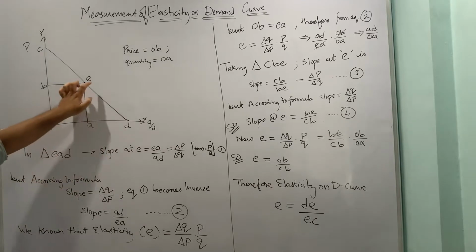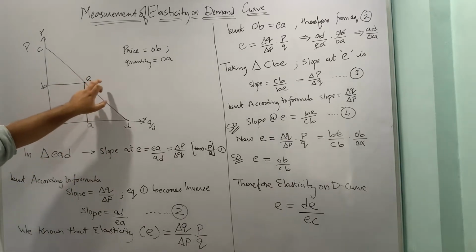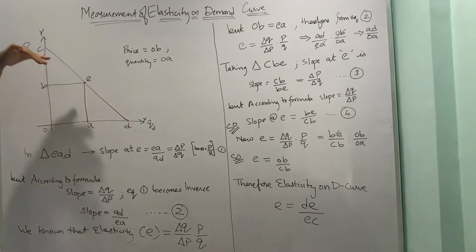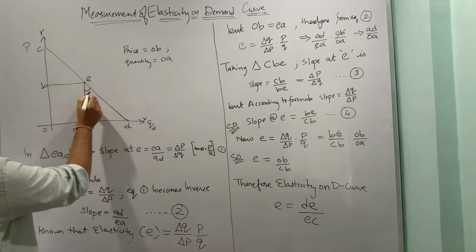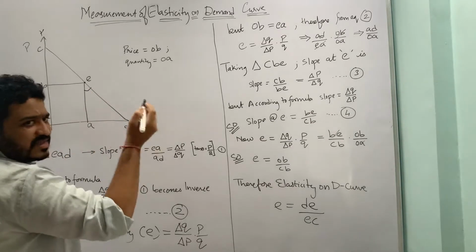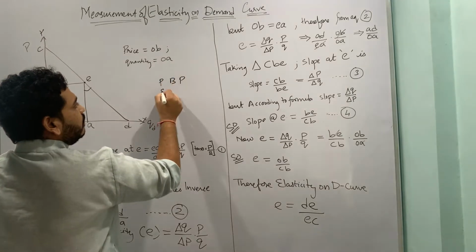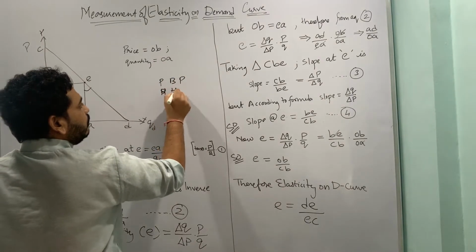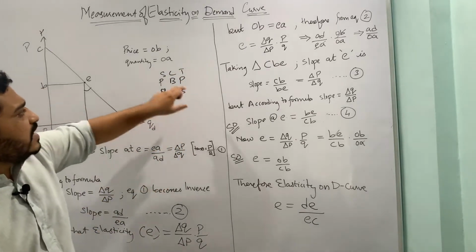Now, I want to look at the slope at point E, and this can be found out with the help of tan theta. I hope you can recollect from your school algebra that tan theta is perpendicular upon base.